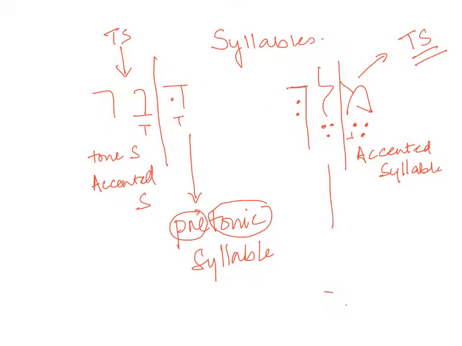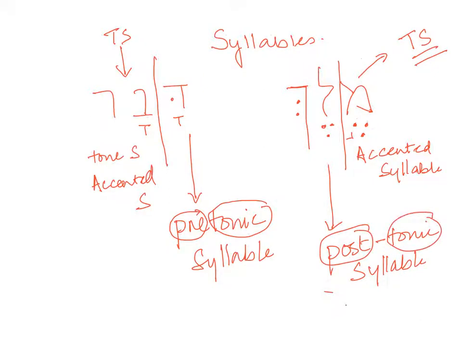So this syllable, lek, which is now coming after the tone syllable, is what we call the post-tonic syllable. In other words, it's coming post, after the tone syllable. In this case, the tone syllable is me, and lek is the post-tonic syllable. So get the terminologies right.